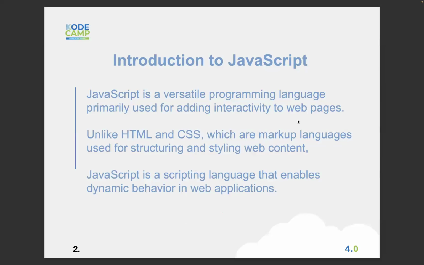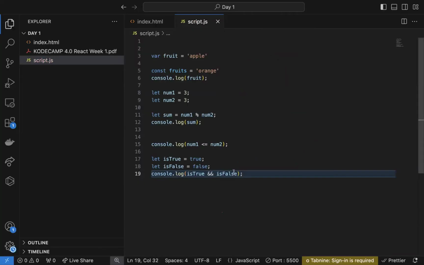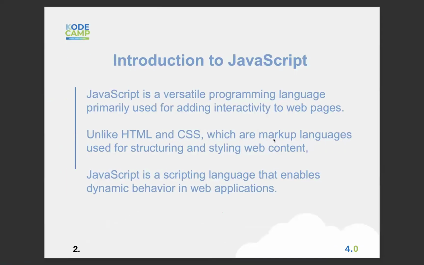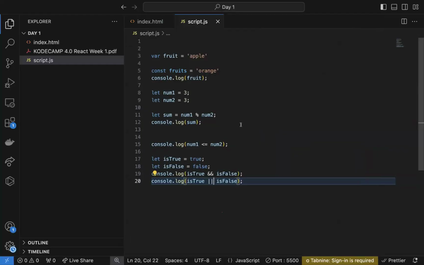All right, David. Okay, all right, good. Then what if we now say, what if we say or instead of and? What would be the result? True, okay. Because one of them is, okay, all right, good.